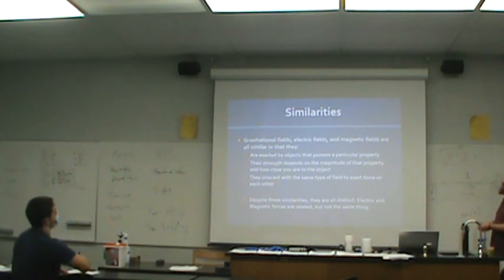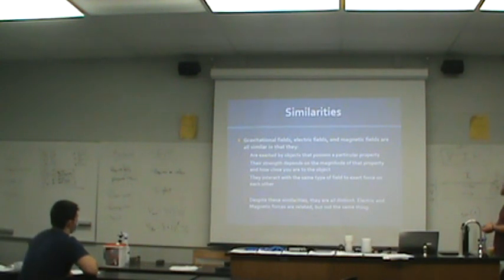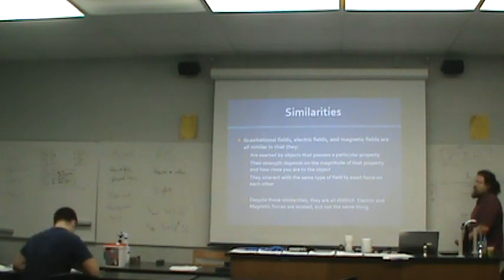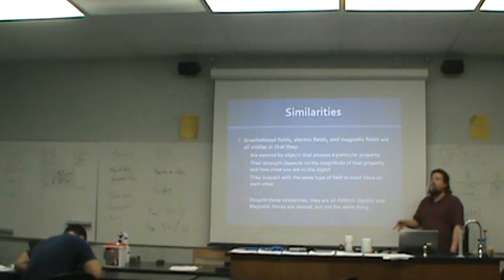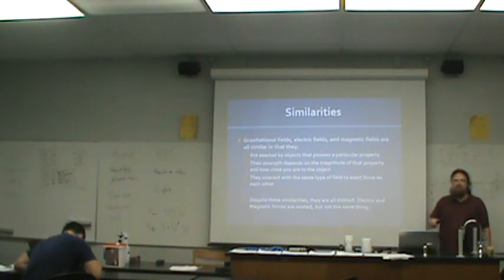Brief list of their distinctions and similarities. You can measure electric fields and magnetic fields separately, and what they will affect is different. Iron by itself is not affected by an electric field, but it is affected by a magnetic field. Earth has a magnetic field, but it does not naturally have an electric field.